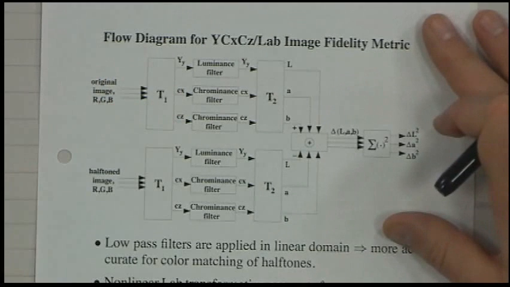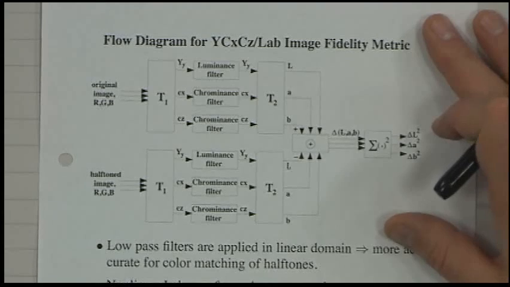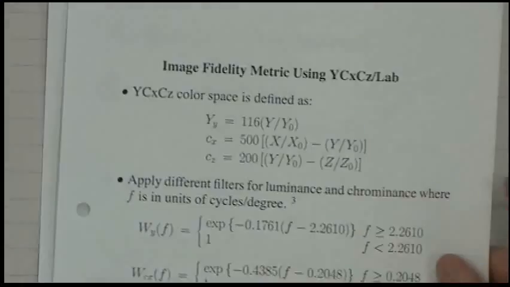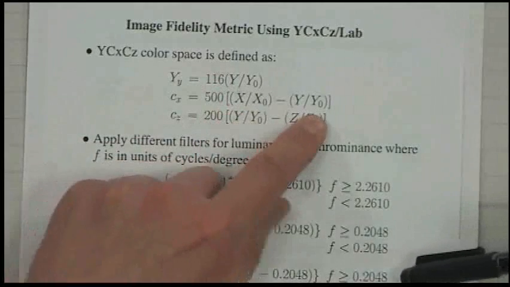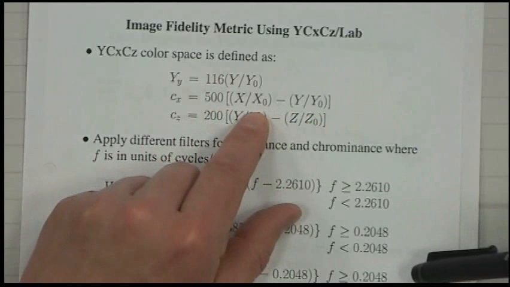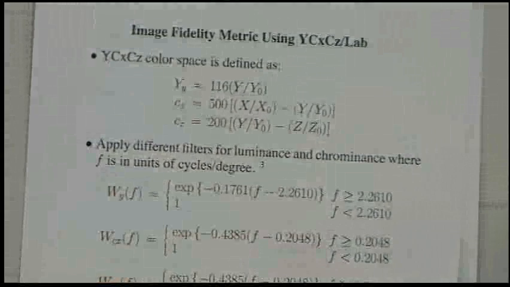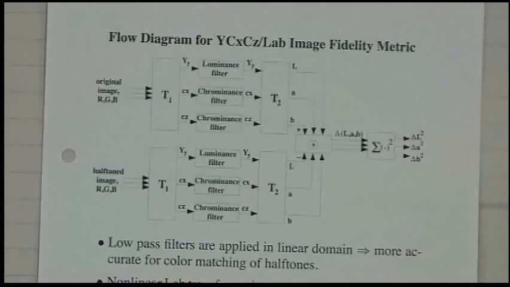In this particular example, it was done by transforming to something we call YCxCz. What you do is you just take the nonlinear part out of the LAB calculation, so now this is a linear coordinate system. It could be some other opponent color system, but this is an example.